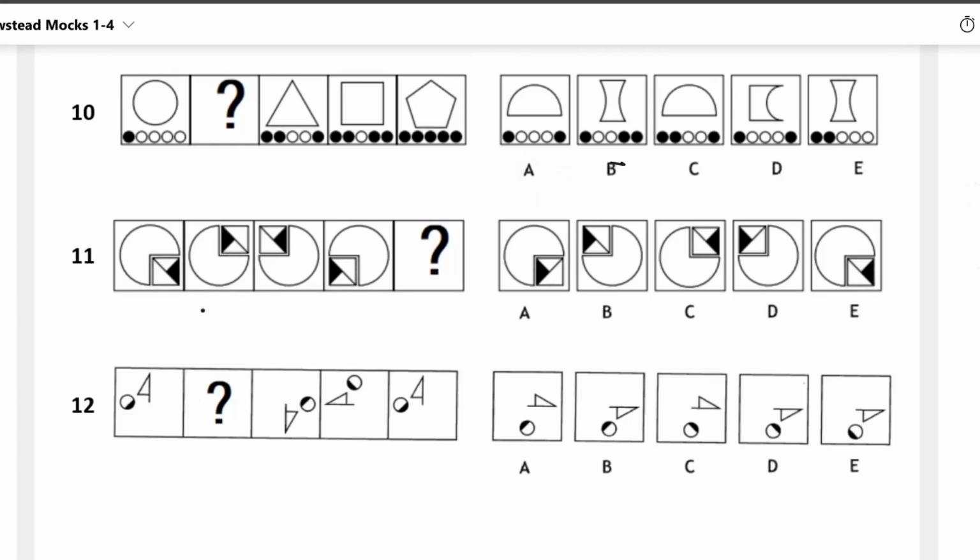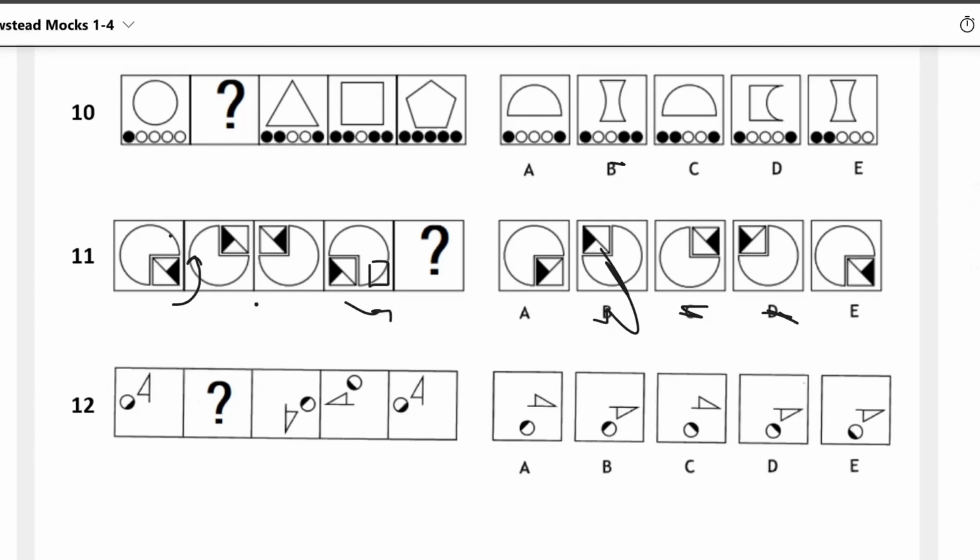For question 11, we're doing a 90 degrees anti-clockwise rotation, so it's going to go from here to the next one, to the next one. It's going to fill in this quadrant over here, which means you can cross out B, C, and D. Every time, we can look at it from when we flip this around, this shading is going to remain consistent with the rotation.